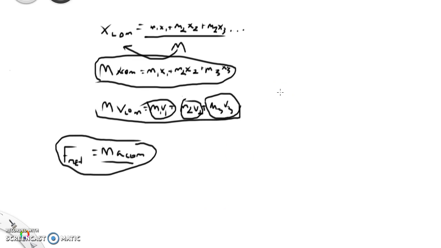Before we continue, we're going to define this quantity and call it momentum, and we'll use the symbol P for it. Momentum is equal to the mass of something times its velocity. So again, momentum, P, is equal to mass times velocity.